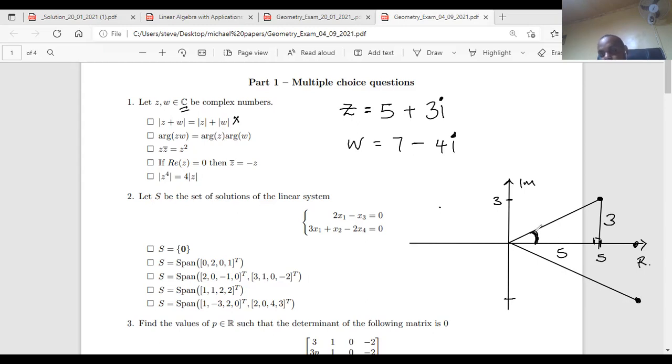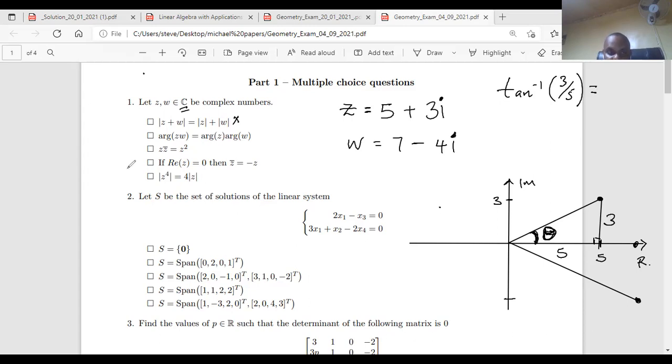So what is this angle theta? If you use trigonometry, it's going to be arctan 3/5, right? Yes. And can you compute that?